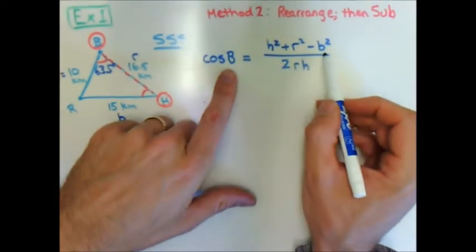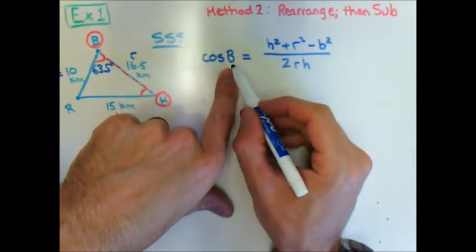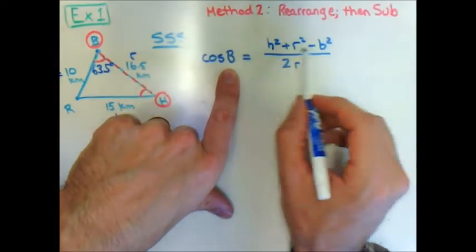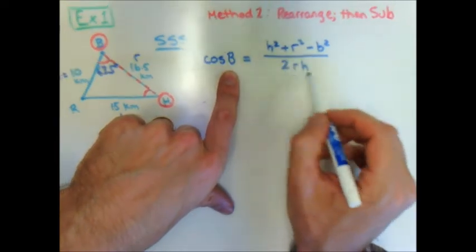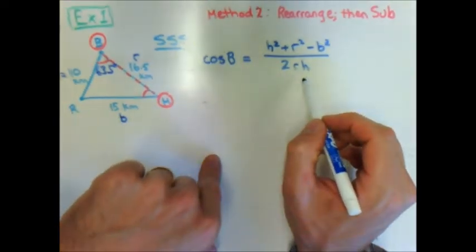So here we have our opposite information, the one that we don't know and the side length that we do know. We know the two other sides. That's why they're involved in the sum and in the product in the denominator.